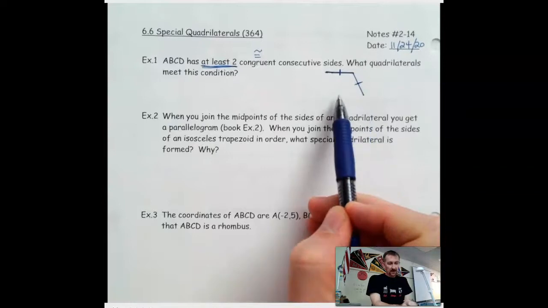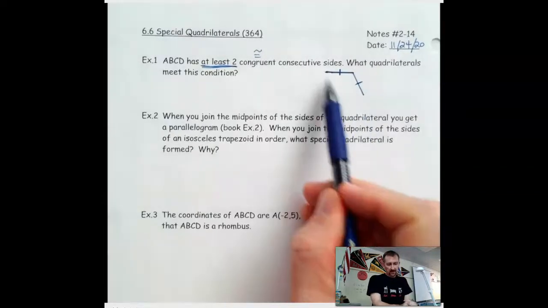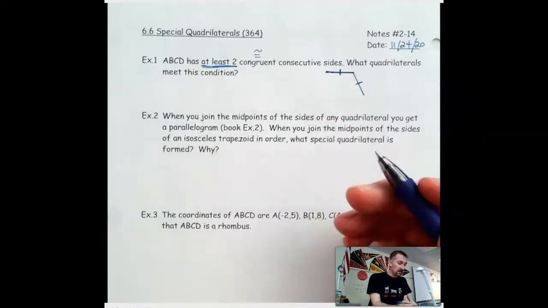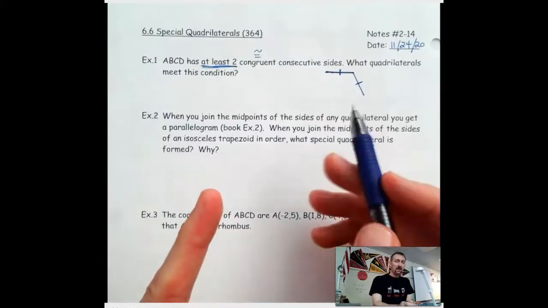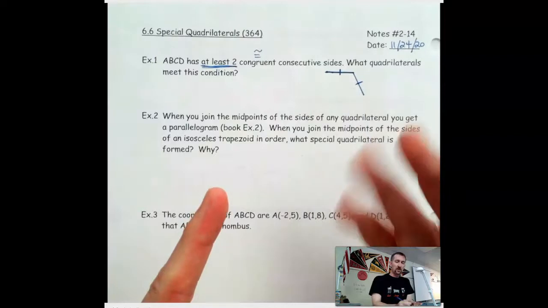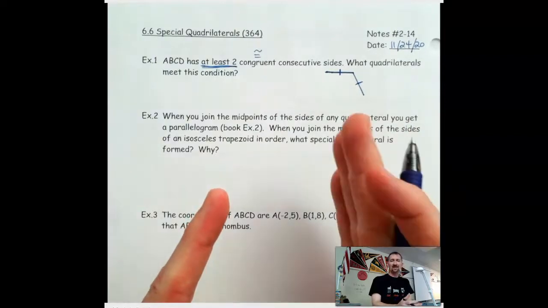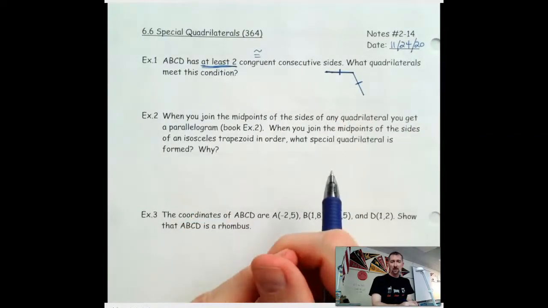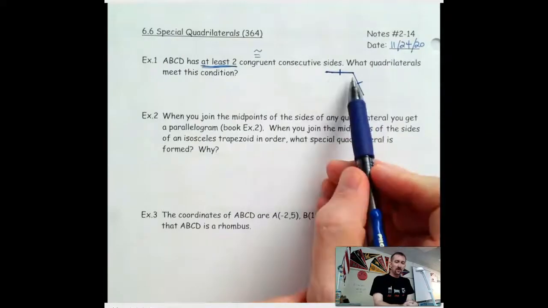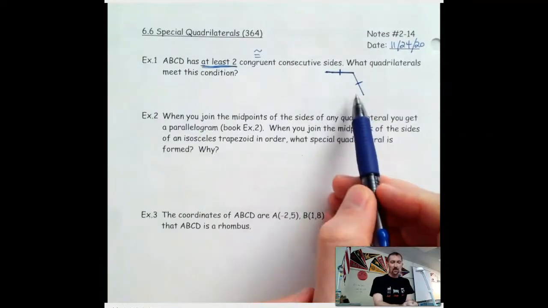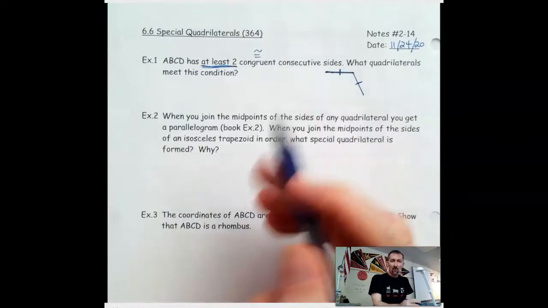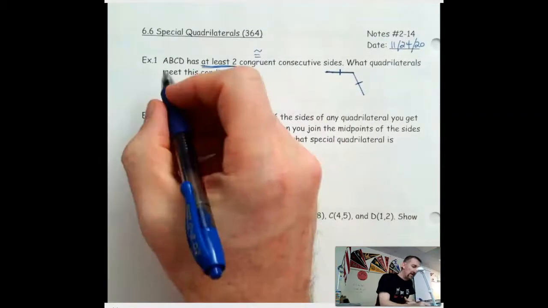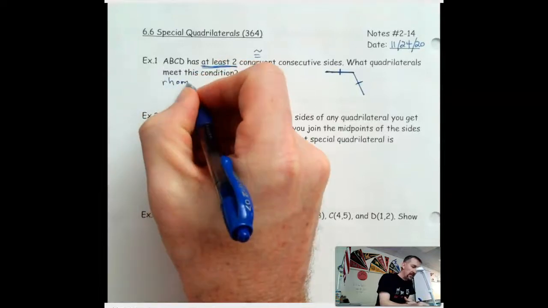Could this side be parallel to that side and this side be parallel to that side? Well, yeah. But let's be more specific. Let's go with the most specific name possible. If these two sides were equal and it was a parallelogram, in a parallelogram the opposite sides are equal, that would mean all four sides were equal, and that would mean it was a rhombus.